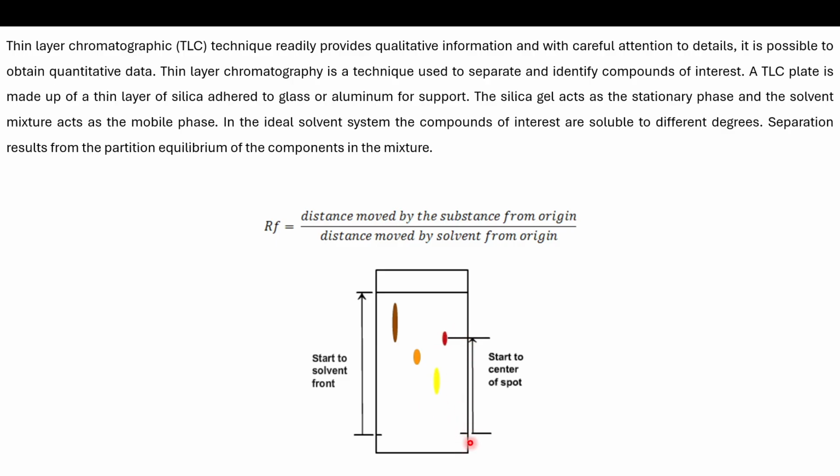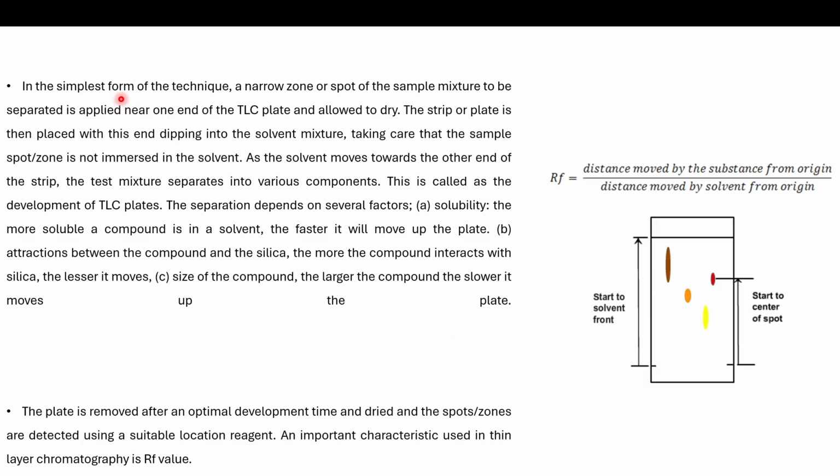And from this migration from the line of application, the line of spotting, you can measure the RF values, where RF is the distance moved by the substance from the origin divided by the distance moved by the solvent from the origin. This will give you an idea of how far the mixtures are moving, and each will have a characteristic distance that it travels. Okay. And eventually you can deduce from there that this is the component present in the mixture.